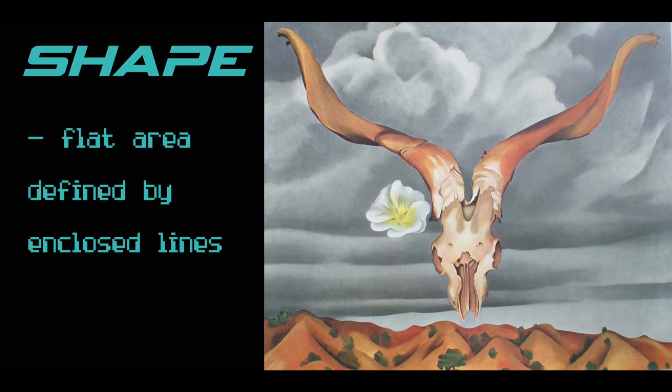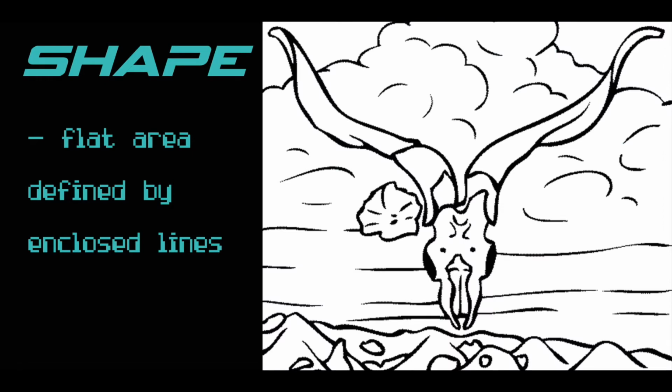The next element that we're looking for is shape. Shape is any flat area defined by enclosed lines. So let's go ahead and scan it back into just its outlines. Now remember, we're not just looking for geometric shapes, shapes that have names, but we're also looking for those weird, wibble-wobble organic shapes. Do you see any geometric or organic shapes?